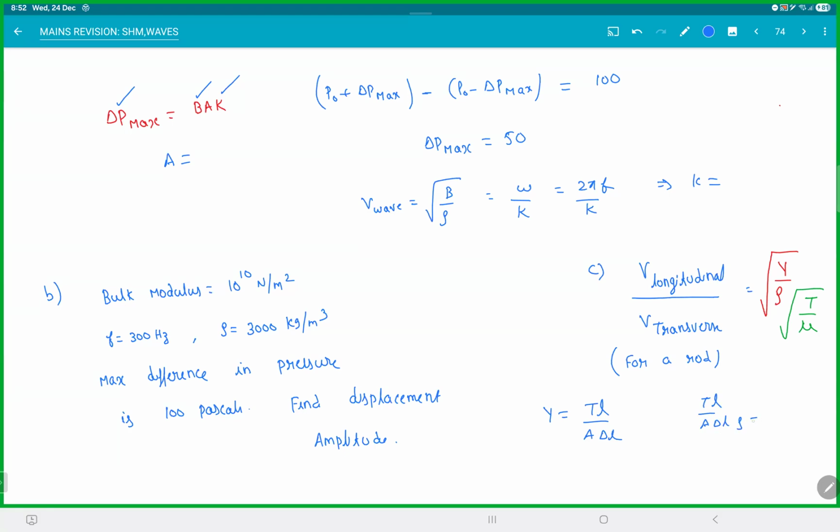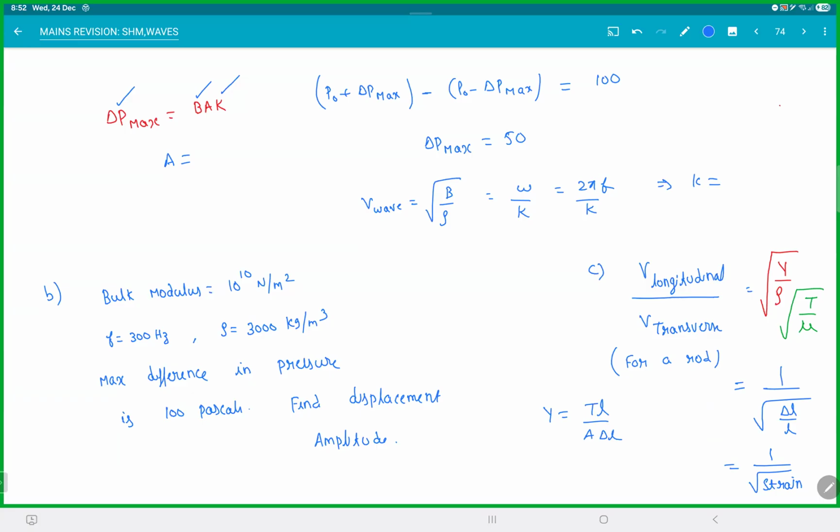T will cancel. This is mu. This will be 1 by root strain. Clear with this? That is 1 by root strain.